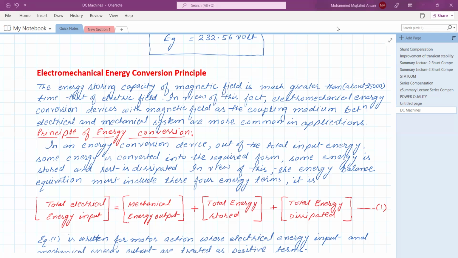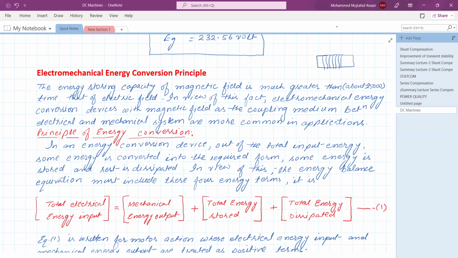The energy storing capacity of a magnetic field is much greater than that of an electric field. If we are using an electromagnet, it means that we are using some magnetic material, over which we have carried out some windings or turns, and this coil or conductor is energized from some electric source.